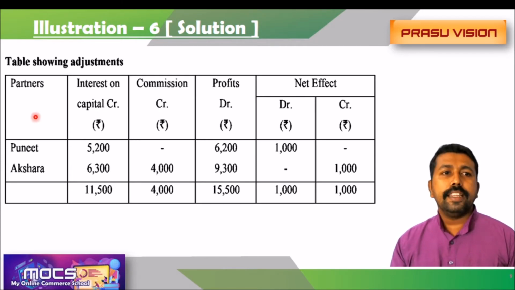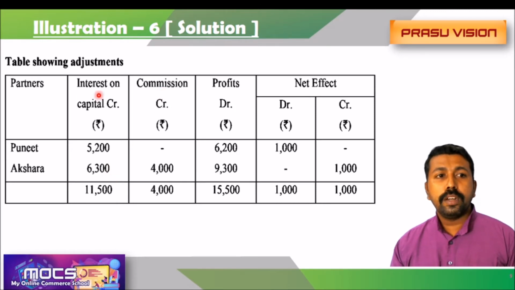Then we are entering in the adjustment table. Interest on capital for Puneet 5,200, Akshara 6,300. Commission for Akshara 4,000. Then on the debit side, profit shared between these partners 6,200 and 9,300.